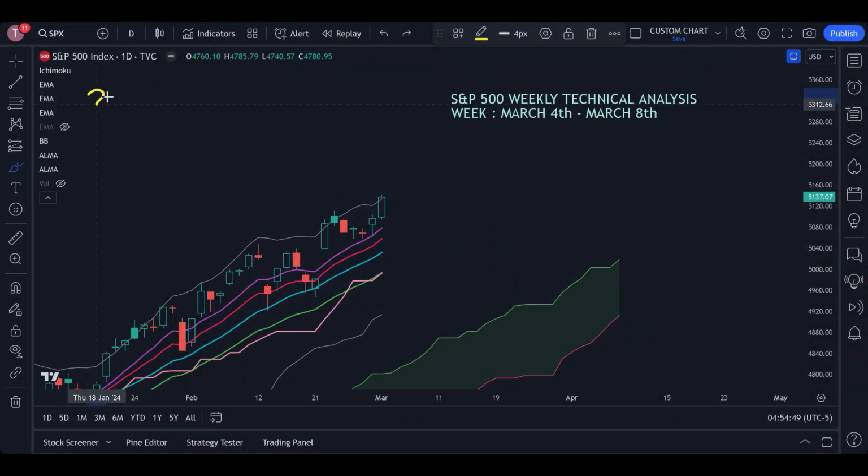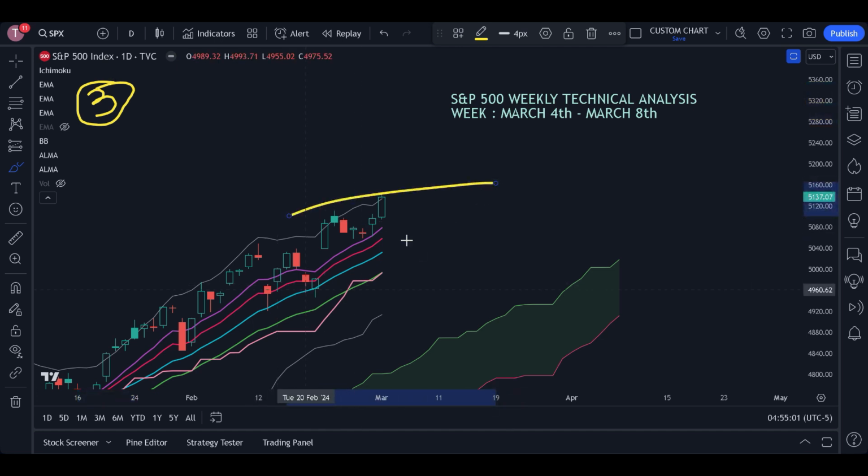Now guys, I am going to discuss the third and last point of the agenda of this S&P 500 weekly technical analysis. Here, I will give you the probable movement of the S&P 500 in the coming week, from March 4th, which is Monday, to March 8th, which will be Friday.